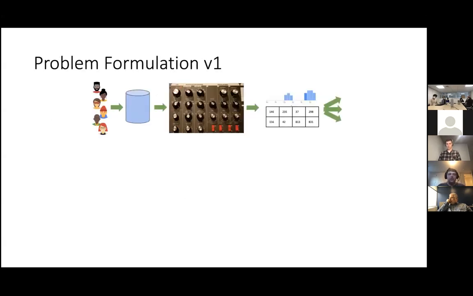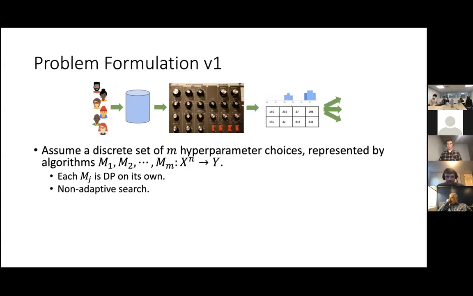Okay, so let's start formulating a precise problem that we can solve. As a start, we'll just assume that there is a discrete set of hyperparameter choices. As I showed in my preview, there's going to be a set of algorithms M1 through M sub M, and we're going to assume that each of those is on its own differentially private.